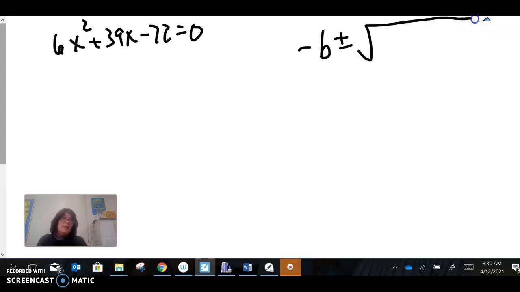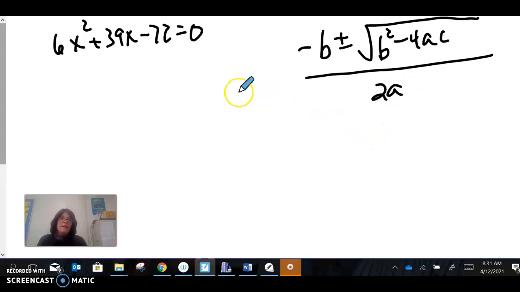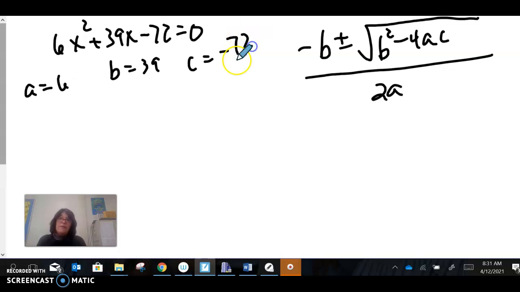Opposite of b plus or minus the square root of b squared minus 4ac, all over 2a. If you wanted to just jump right into the quadratic formula, as long as you have it equal to 0, you would say, okay, a equals 6, b equals 39, c equals negative 72.